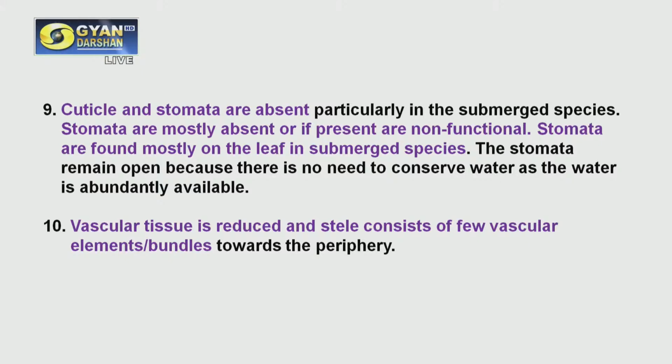Stomata are found mostly on the leaf in the submerged species, and the stomata are never closed. Stomata are always open because they don't need to conserve water. Why does a stomata close? We know that in order to reduce transpiration, water loss, like the plants present in water shortage areas, like the xerophytes we will read about after some time.